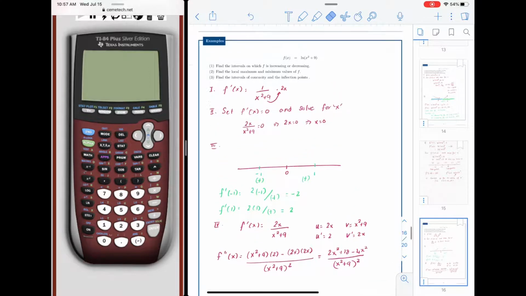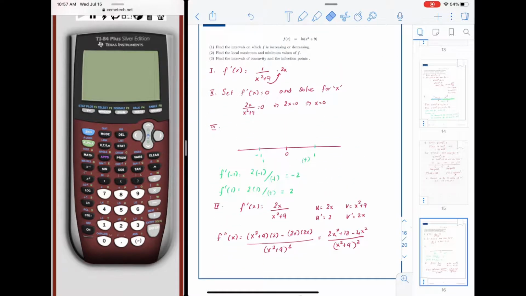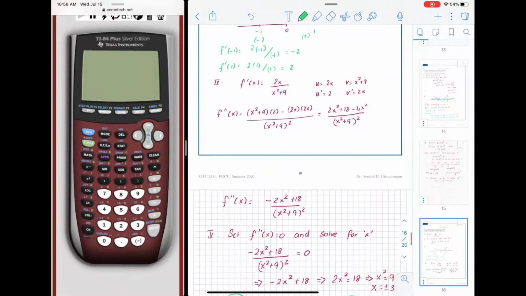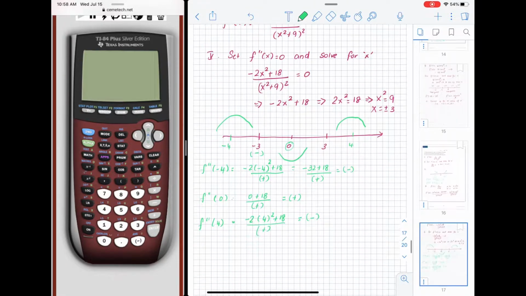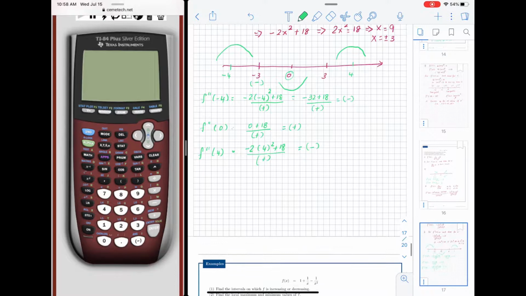So negative, positive. So it has to be decreasing, then increasing. Of course, I looked at the second derivative and it gave me the idea that I did something wrong with the first derivative. So you can use both these tests together to come to a good conclusion about the function.